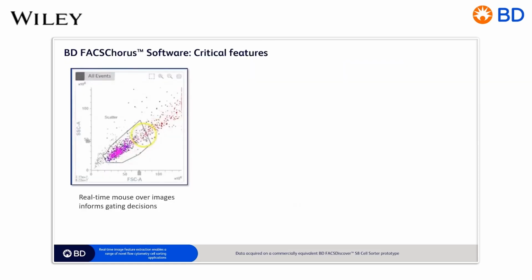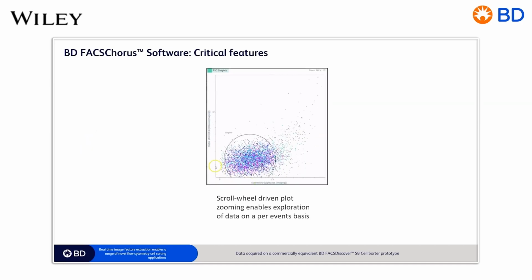Now, I'm going to go over a few other Chorus features that I really like. I already talked about the mouse over part, which is a really important feature in this technology. But then there are other ones that we've included. There's this scroll wheel driven plot zooming.